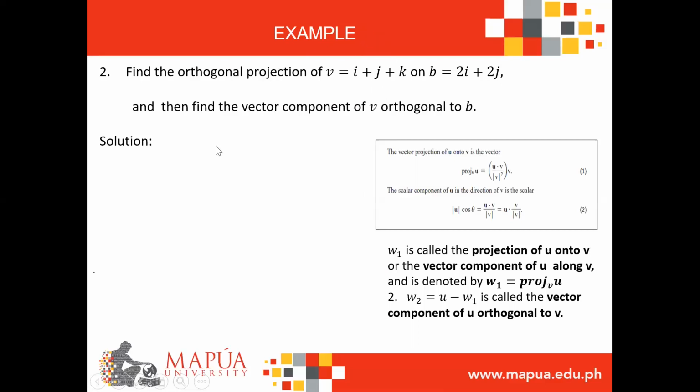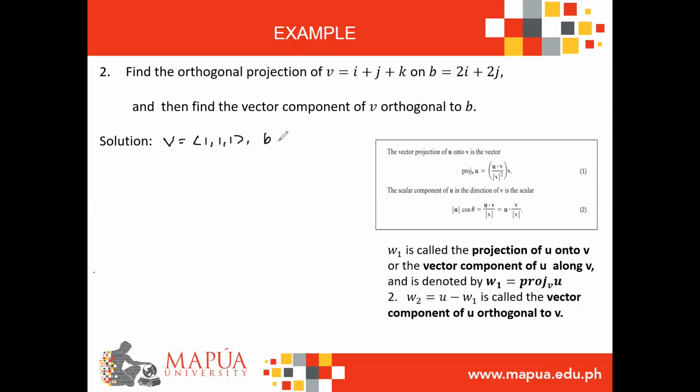So let us now get the dot product of these two vectors, v and b, because the formula needs the dot product as well as the magnitude of vector b. Let's define the components of vector v. We have it as 1, 1, 1.